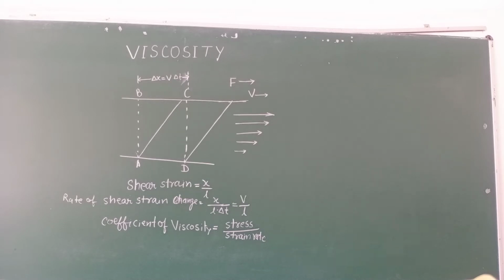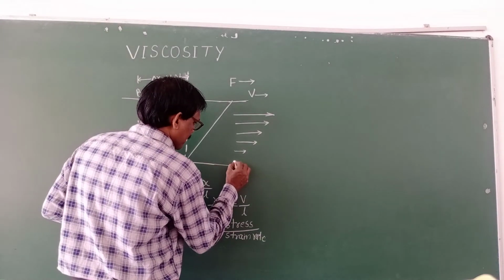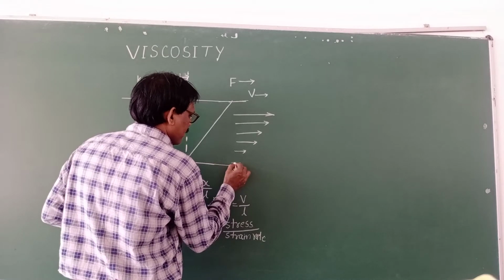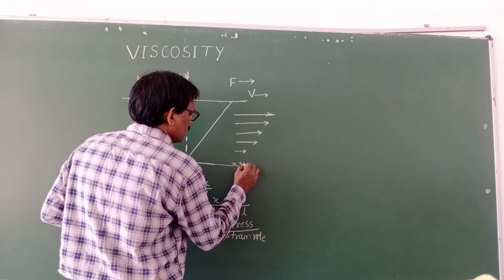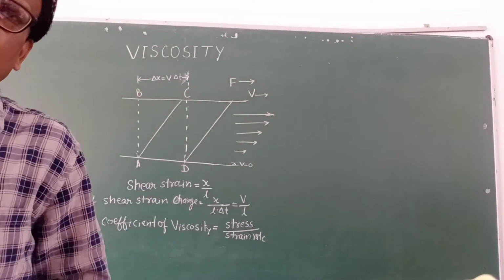The second arrow, which is smaller than the first one, represents less speed. Gradually, when we move down, the size of the arrow decreases. Ultimately, the size of the lowest layer will be very small, or we can say the velocity is zero.